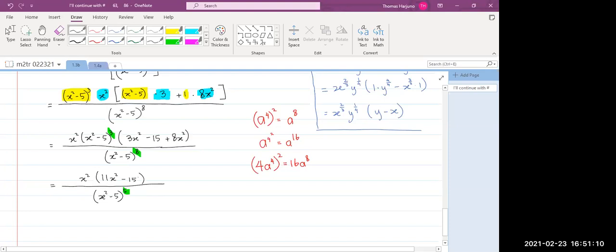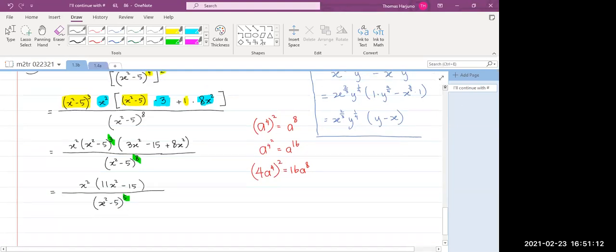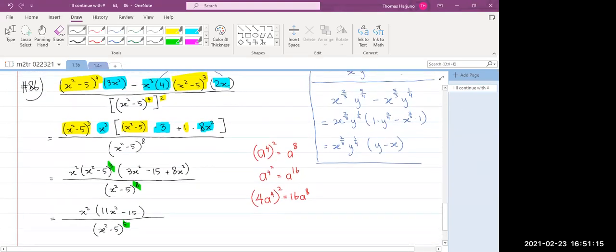Am I missing something? There's a minus sign, my bad. This is incorrect. Terribly bad. This is supposed to be minus. This one's supposed to be minus. So not 11x squared, that's negative 5x squared.